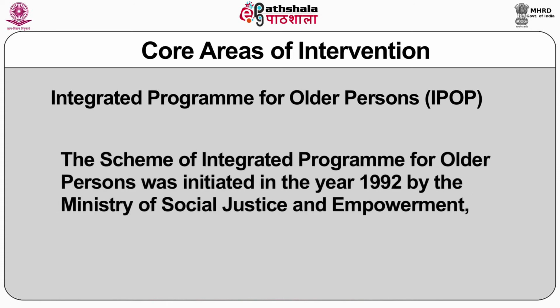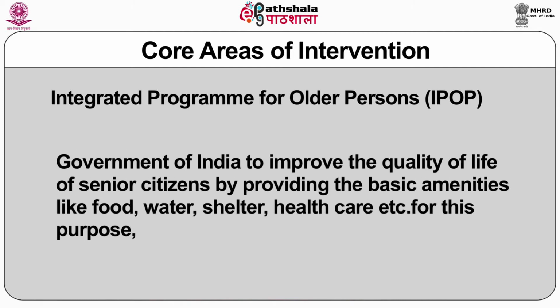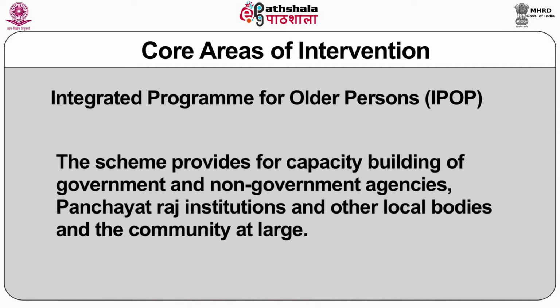The scheme of integrated programs for older persons was initiated in the year 1992 by the Ministry of Social Justice and Empowerment, Government of India, to improve the quality of life of senior citizens by providing basic amenities like food, water, shelter, healthcare, etc. For this purpose, the scheme provides for capacity building of government and non-government agencies, Panchayati Raj institutions, and other local bodies and the community at large.